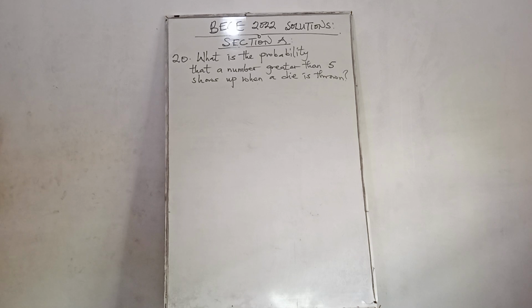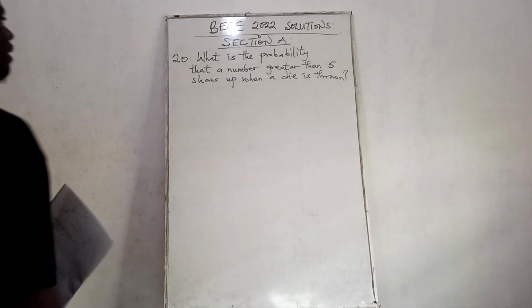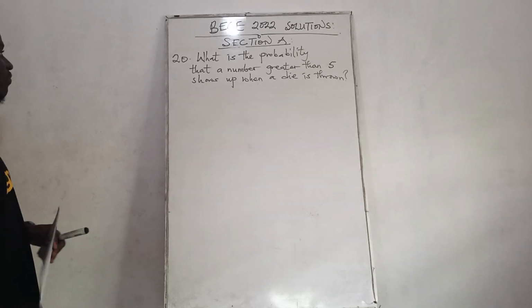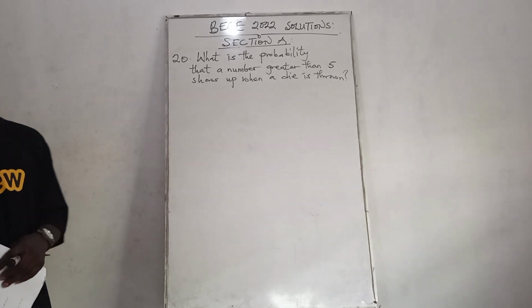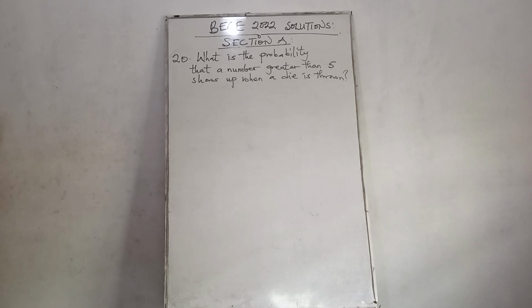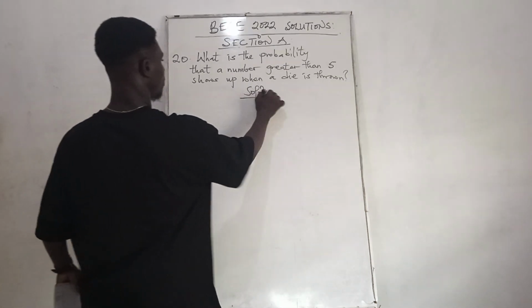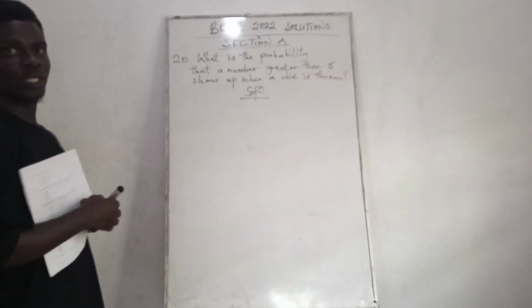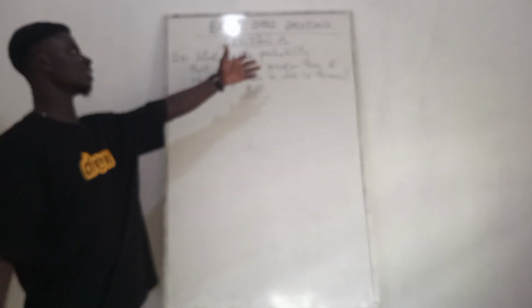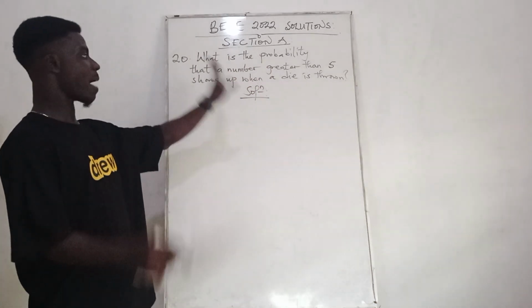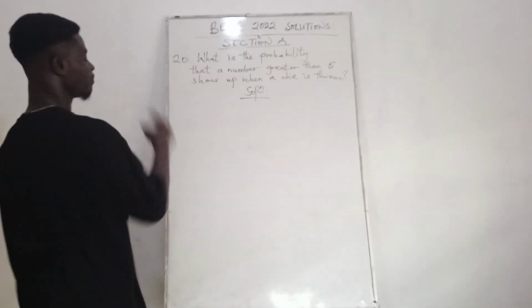All right. Question 20. What is the probability that a number greater than 5 shows up when a die is thrown? So let's see. Another name for probability, you can use chance. So you can say, what is the chance that a number greater than 5 shows up when a die is thrown, right?